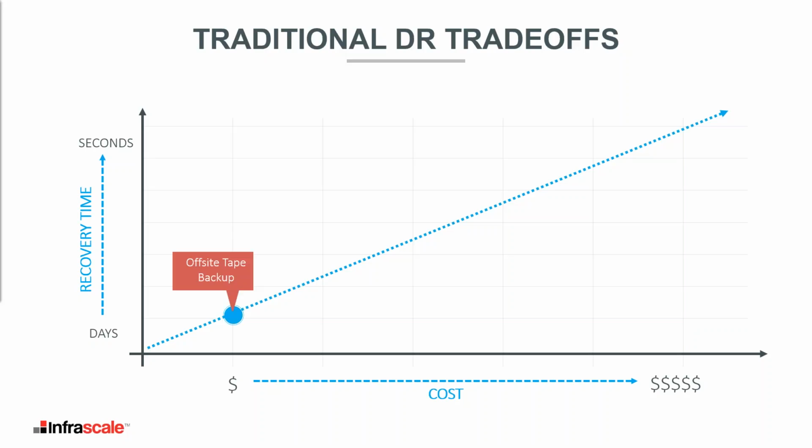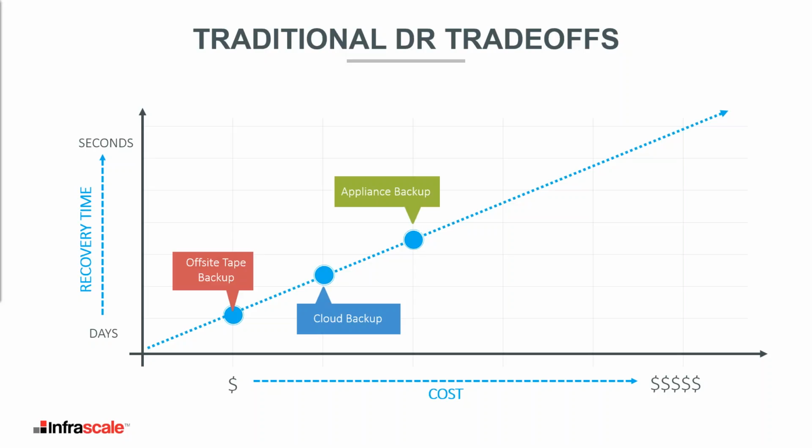It is the cheapest option, the lowest cost. Along the left, you see the recovery time from days to mere seconds. Along the bottom, you see low cost up to highest cost. But again, it takes days to recover. It's unreliable. Then came cloud backup, a faster recovery time, but also an increased cost.